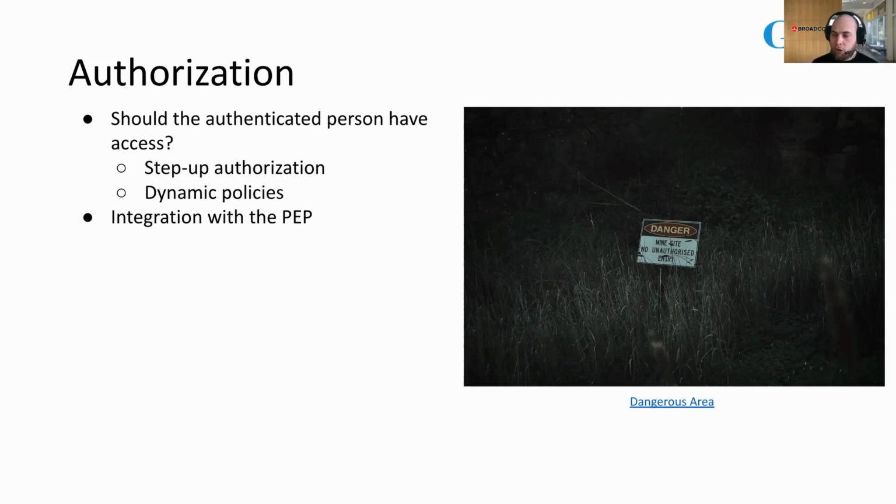But later on, you can add some other functionalities and other layers like step-up authorization, making sure that in specific cases, it's necessary to provide multiple ways for authentication. And again, we are gradually moving toward dynamic policies where the data that we are observing, the information about the user, are gradually becoming a part of how you decide on what is important and what is necessary and what is safe, actually.